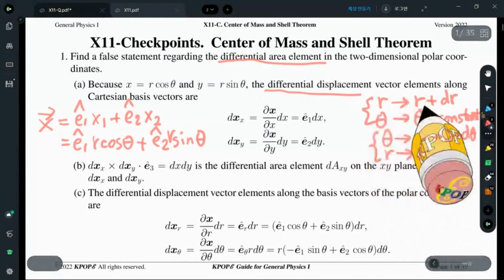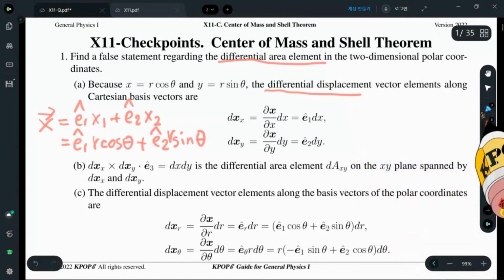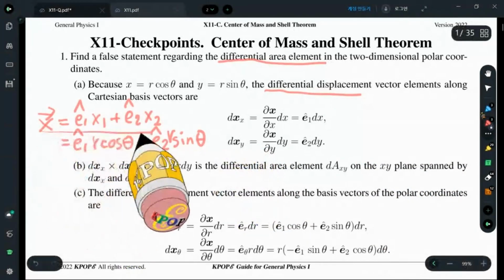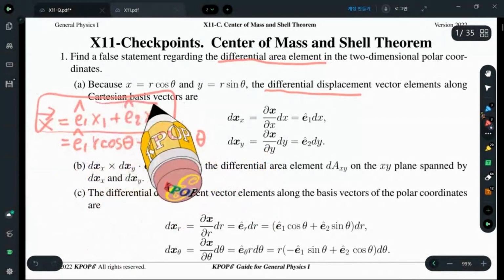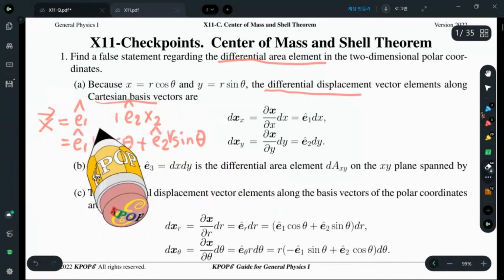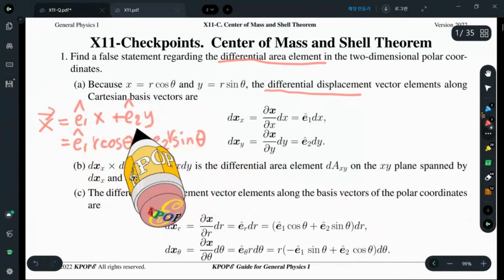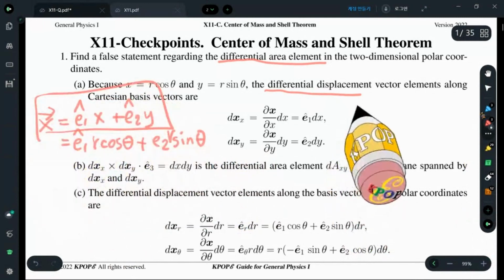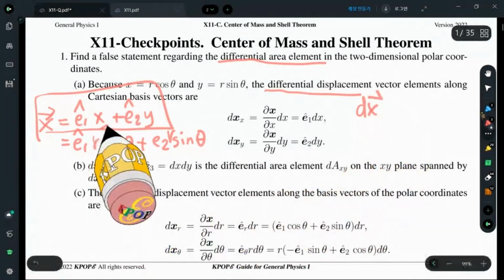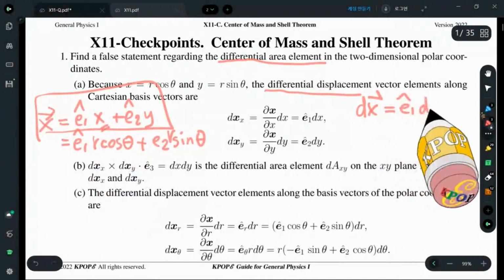But before we study these complicated cases, we first consider the simplest case, that is the differential element in the Cartesian basis. Let me just simplify this into x and y. The differential displacement element by changing x only is just E1 dx.